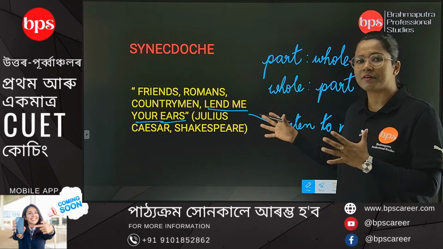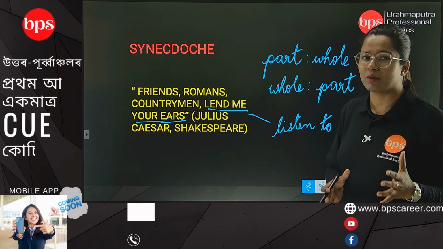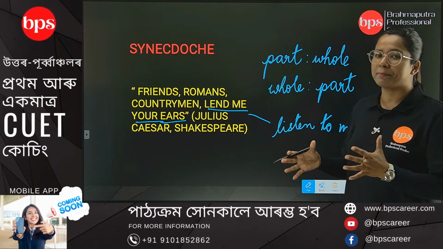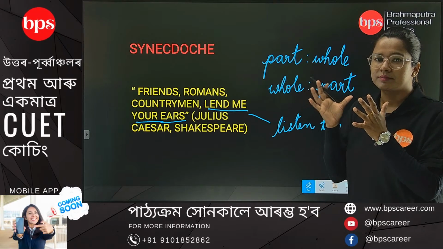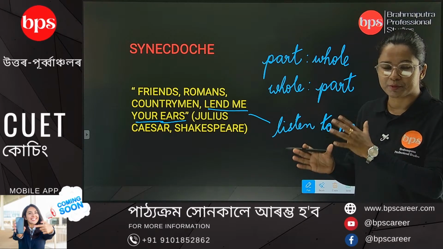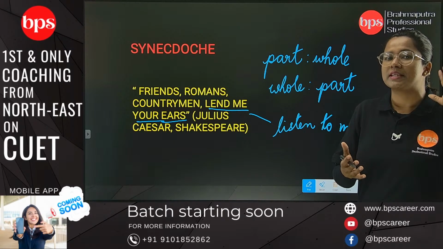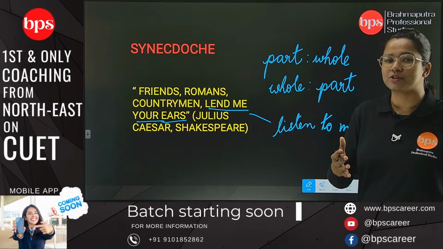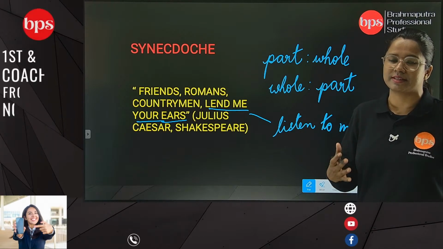So here the reference is made from Shakespeare's Julius Caesar, the play, where the protagonist of the play is trying to tell the people, listen to me. I am telling something to you, I am trying to provoke you, listen to me in that sense.